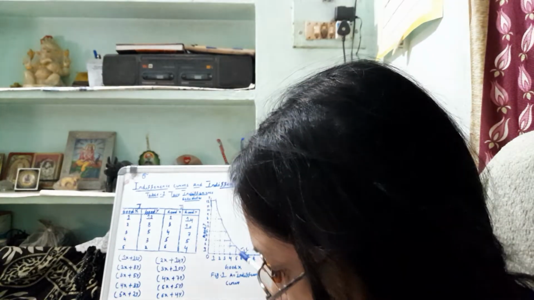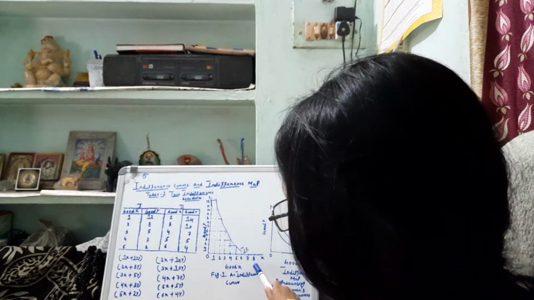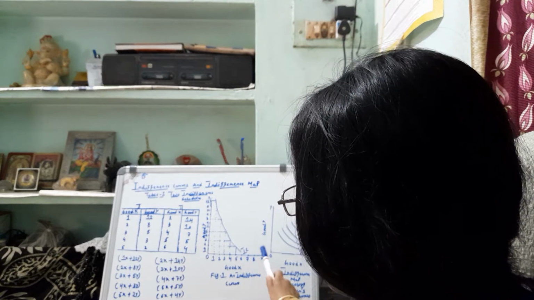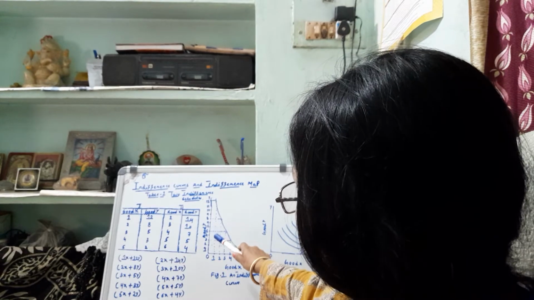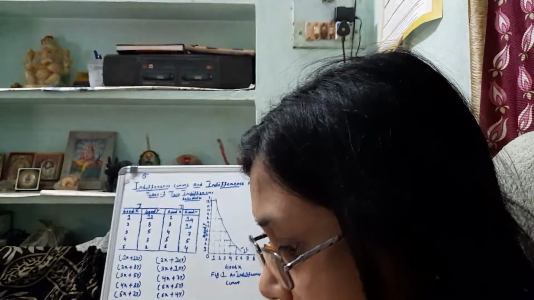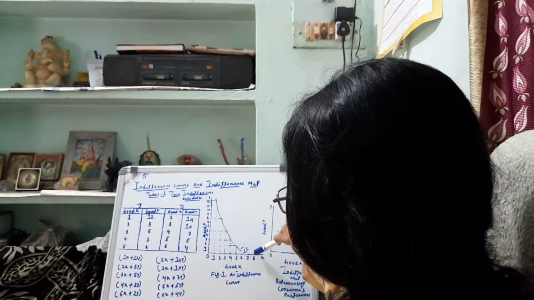The quantity of good X is represented on the X axis and the quantity of good Y on the Y axis. Like in an indifference schedule, combinations lying on an indifference curve will be equally desirable to the consumer, that is, will give him the same satisfaction. This is the indifference curve.